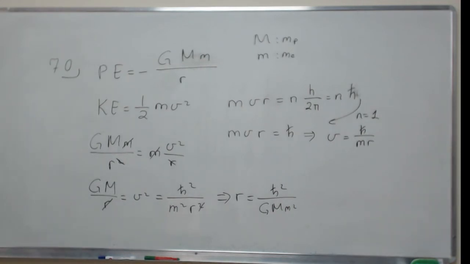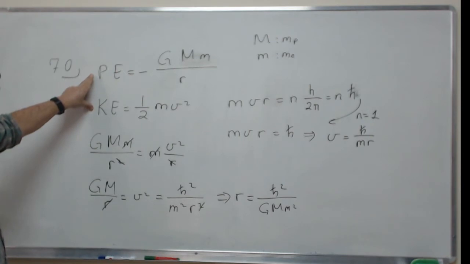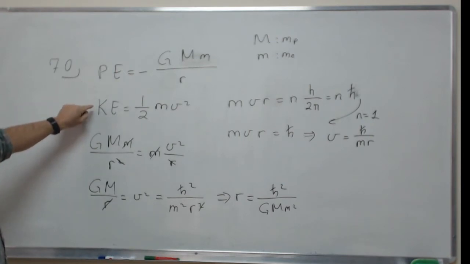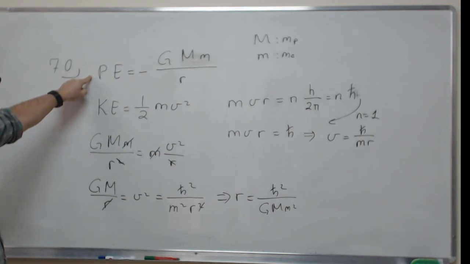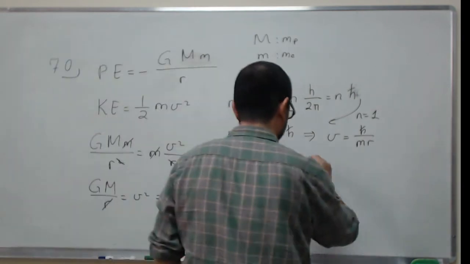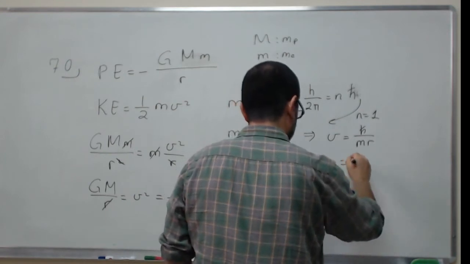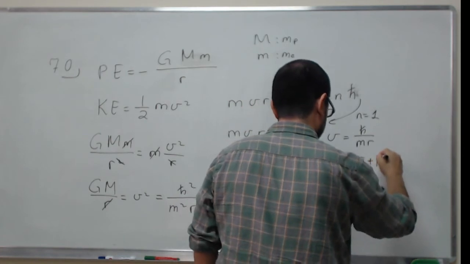And then the energy is going to be the sum of these two, right? And for that, we can again show that this is actually minus 1/2 of that. Is there an easy way to show this? Well, you proceed exactly the same way. So total energy, E total, is potential energy plus kinetic energy.